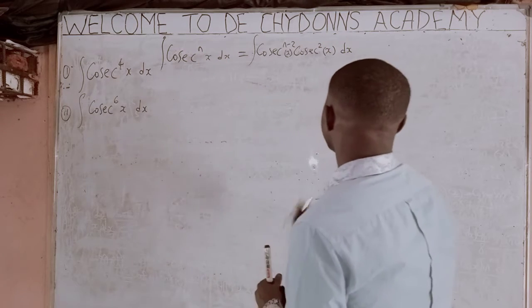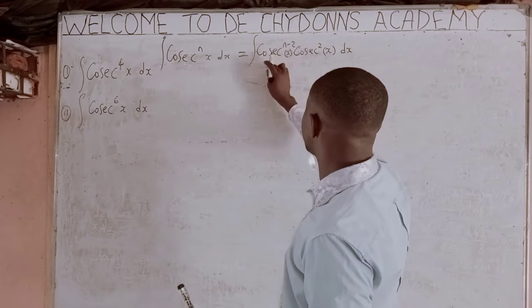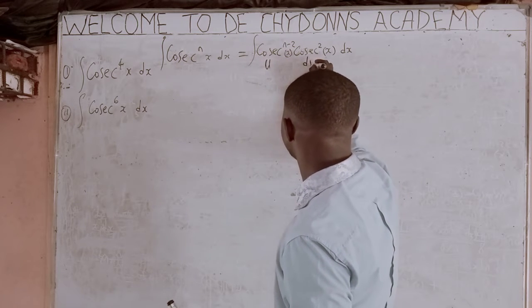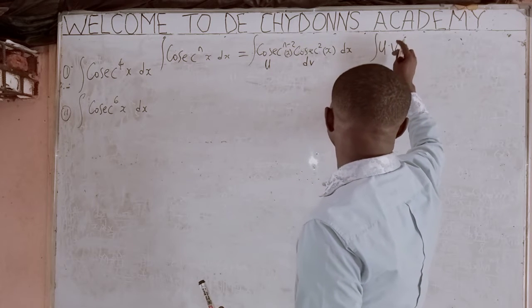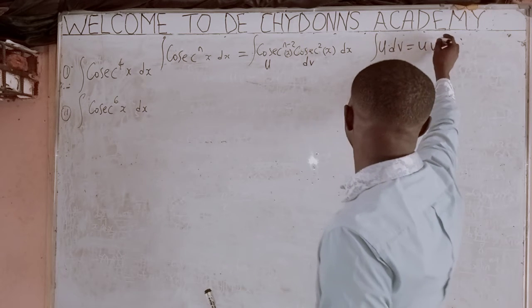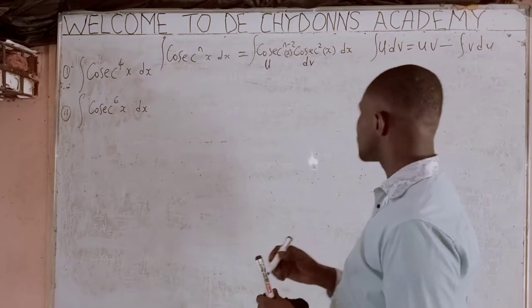We say also, from our product rule, that here is our u and here is our dv. The product rule says that integration of u dv equals uv minus integration of v du.